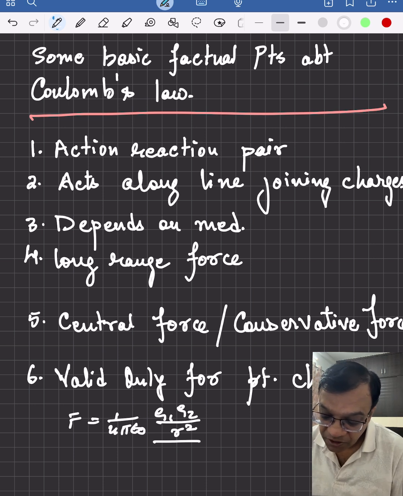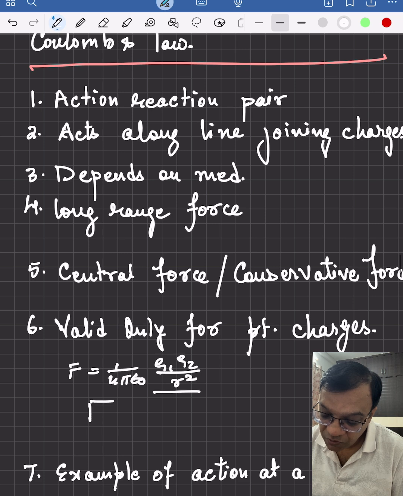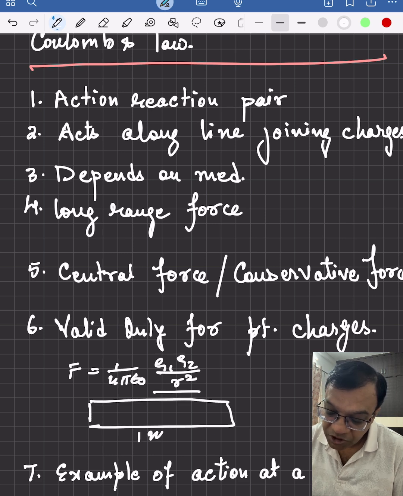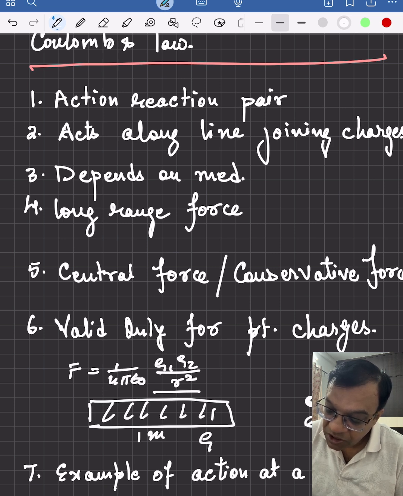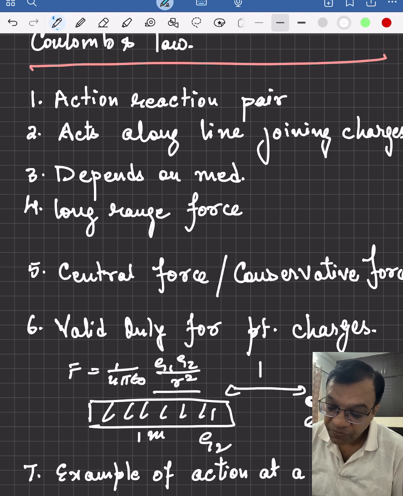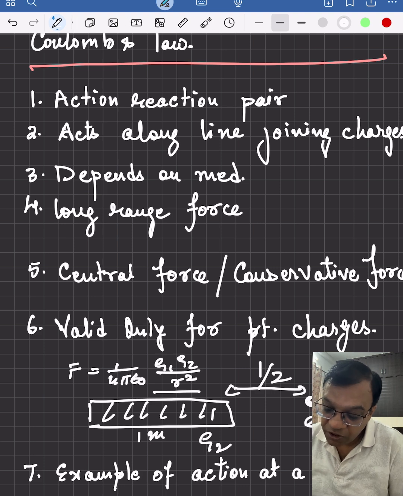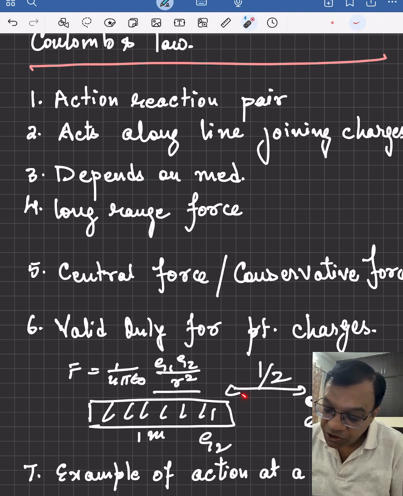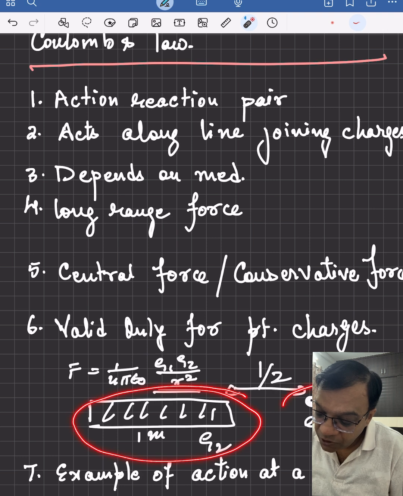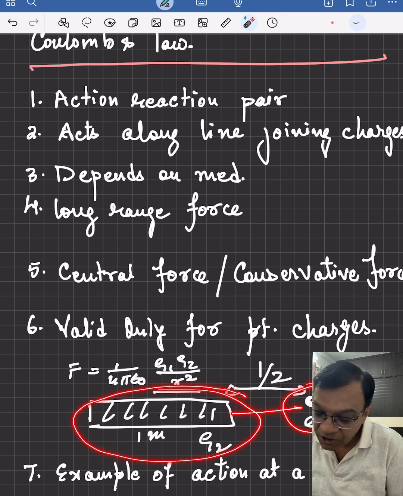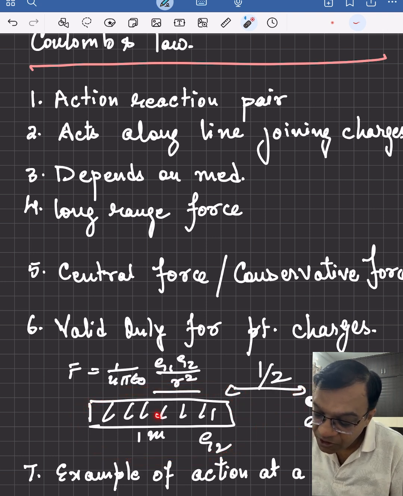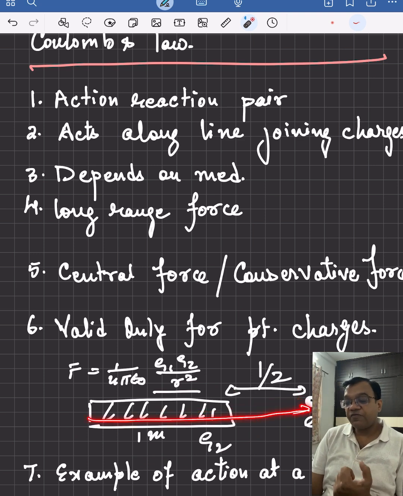Like if somebody says this is a 1 meter rod, some charge q1 is there, and this is another point charge q2, and this separation is half meter or 1 meter, then here you cannot use F equal to K Q1 Q2 upon R square. What separation will you write? Will you write the separation as half meter, or 1 meter, or 1.5 meter?